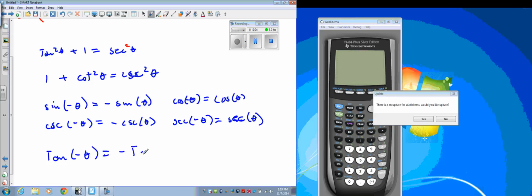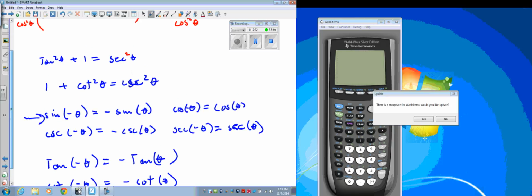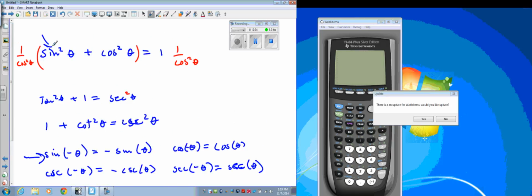Negative the tangent, right? And because that's so, and the cotangent's 1 over tangent, cotangent of a negative has got to be a negative cotangent of the other. So basically you learn this, and you know this. The rest of them fall out from that.